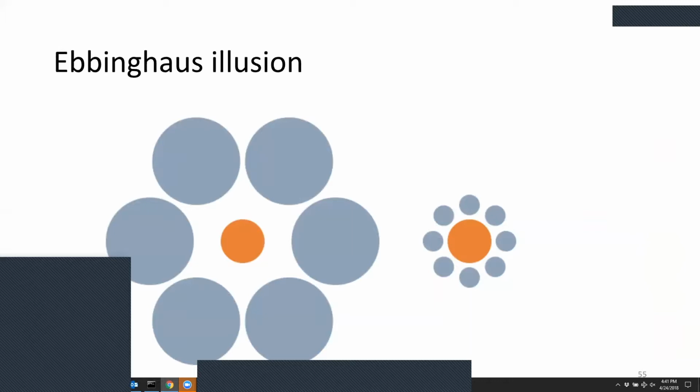A lot of context comes into play for these conversations. When we're thinking about using different sizes for different objects, be cautious of the fact that we use the context around a given object to judge the size of the other object as well. So even though they don't look similar to one another, they actually are the same size. We're just using different contexts based on the sizes of these circles.